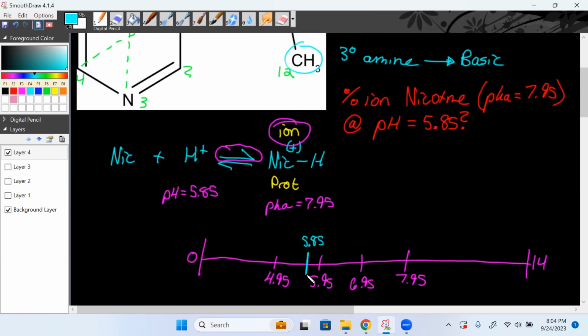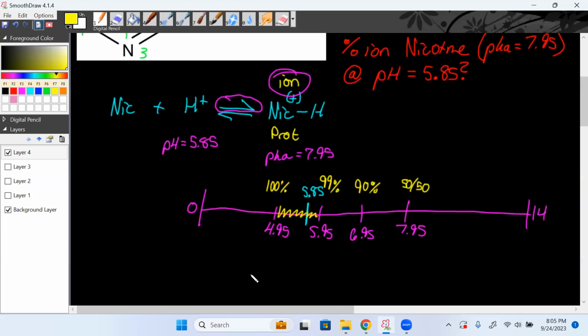Am I crazy? 5.85, yep. So we can fill this in and say that this would be 50-50. This would be 90%. This would be 99%. And then we have 100%. So the answer here would be 99 to 100% ionized. You have to tell me what it is.